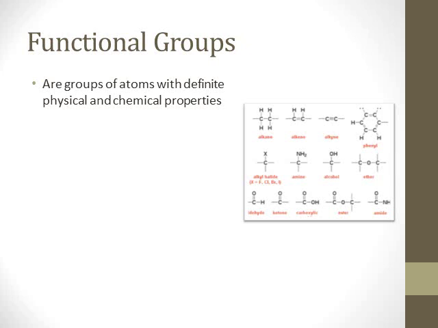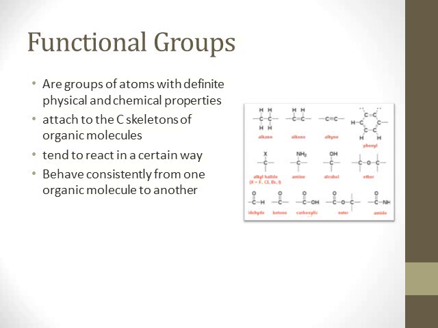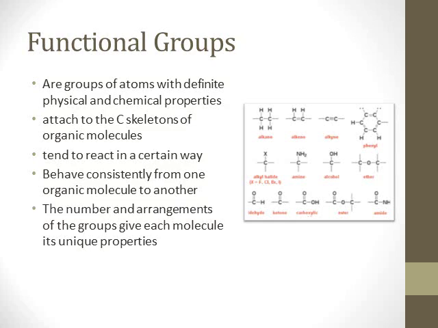So functional groups are groups of particular configurations that can attach to these long chain carbon molecules and give them some particular characteristics. So things that we understand will happen if these particular functional groups are attached to the carbon chains.